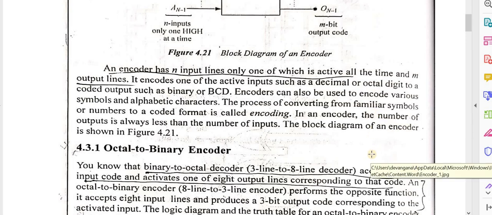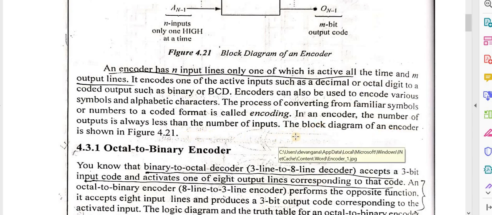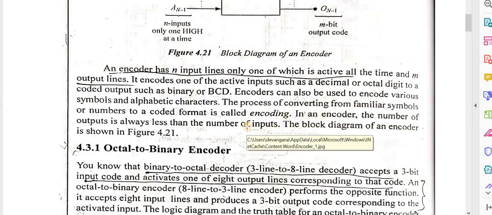So encoding is the process by which we can convert any kind of symbols or numbers into a coded format. In an encoder, the number of outputs is always less than the number of inputs. This is an important point. This is the block diagram of an encoder.